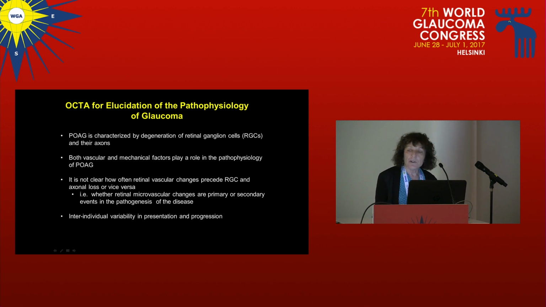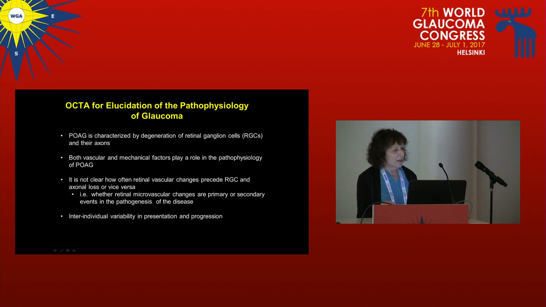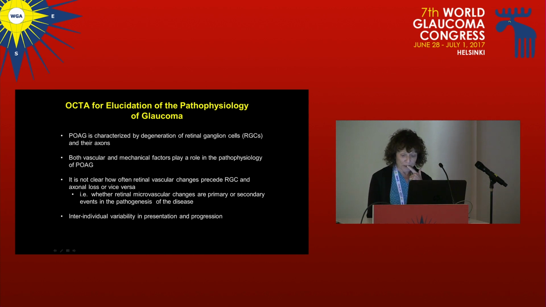Glaucoma, as we heard, is characterized by loss of retinal ganglion cells and their axons. Both vascular and mechanical factors play a role in the pathophysiology of glaucoma, and it's not clear how often retinal vascular changes precede retinal ganglion cell and axonal loss, or vice versa. As we heard, are the vascular changes the primary or secondary event in glaucoma? We're not sure.